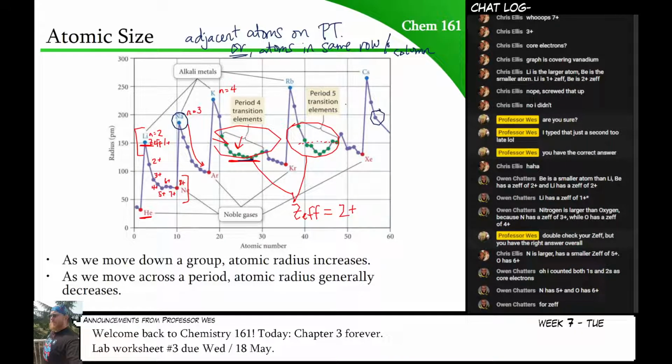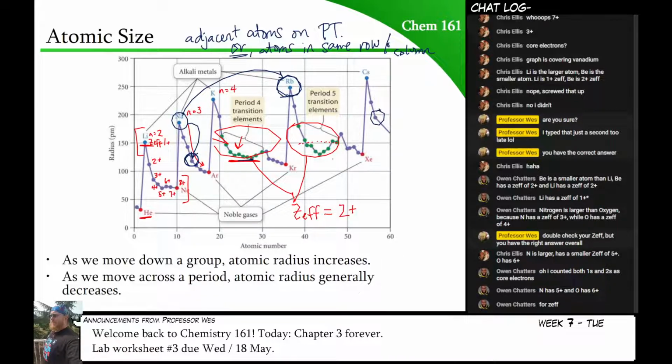So if I gave you a periodic table, I might say, okay, I'm going to compare sodium with phosphorus. No, that's silicon, sorry. You could do that comparison because they have the same N but different Z effective. Or I could say compare sodium with rubidium. That would also be doable because rubidium has a bigger N. And then you're done. If I change both variables on you, it gets difficult.